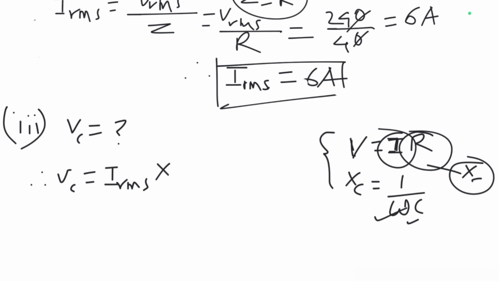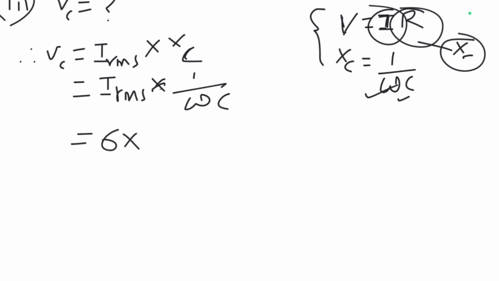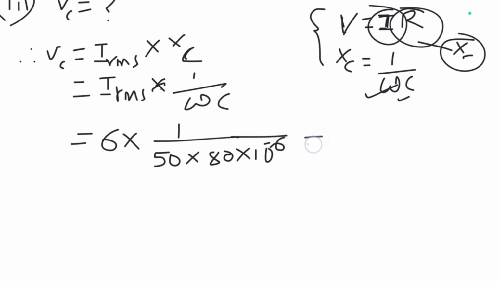So V is equal to I rms multiplied by XC, where XC is 1 upon omega C. The current was 6 ampere, omega we got is 50 radian per second, and C is the capacitance, 80 multiplied by 10 to the power minus 6 farad.